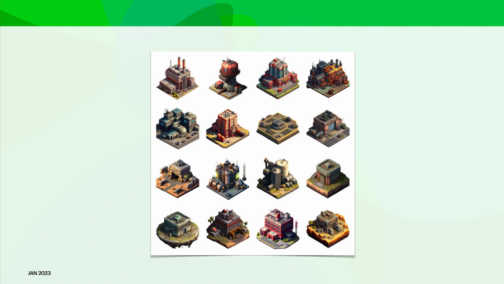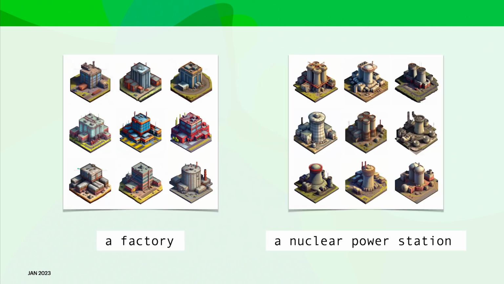He fed some of these buildings into Stable Diffusion to train, and then he asked the model to generate some more buildings using that trained model, so you can see. Then he handpicked the results and fed them back in again, training it on specific types of images, and eventually he was able to get to a point where he could basically generate these buildings on demand.